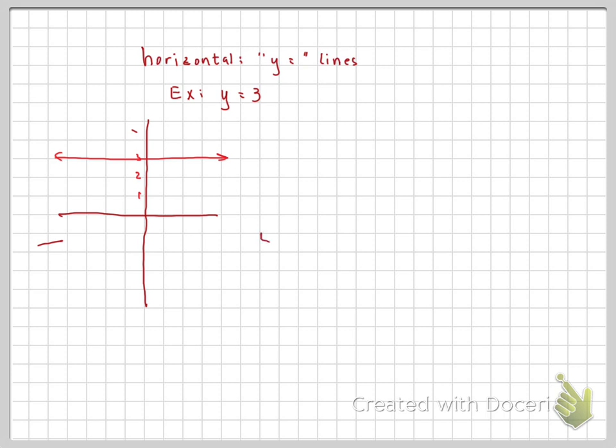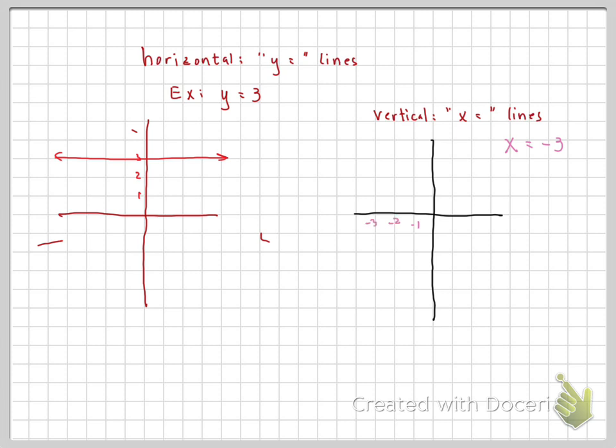Likewise, we also had vertical lines, perfectly up and down. Those are x equals lines, okay? And for example, if we were graphing x equals -3, we would go to -3 on the x-axis.